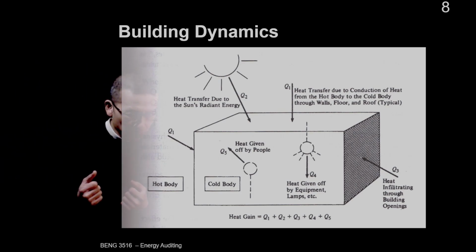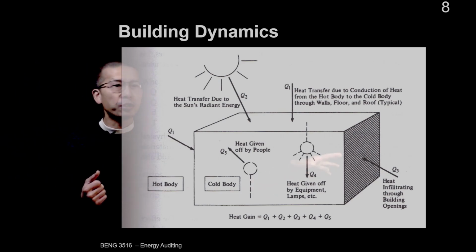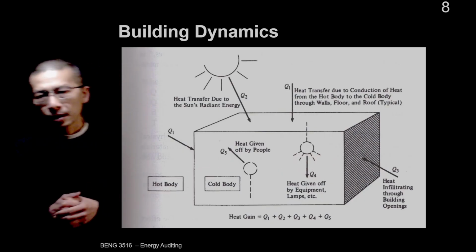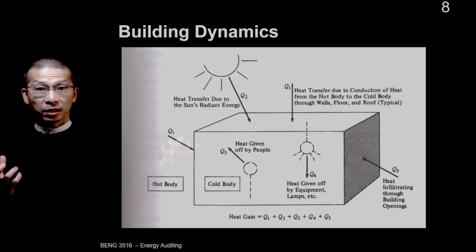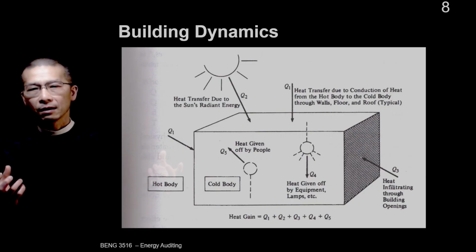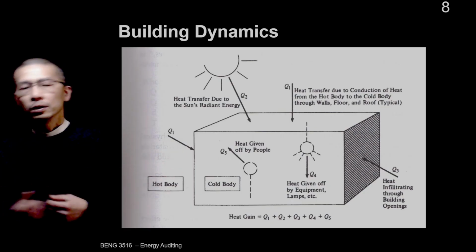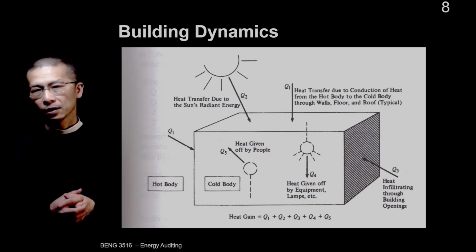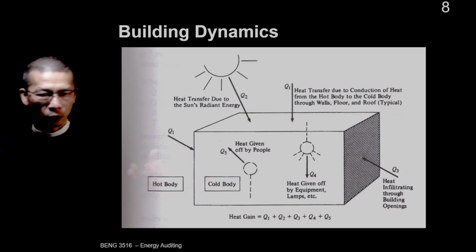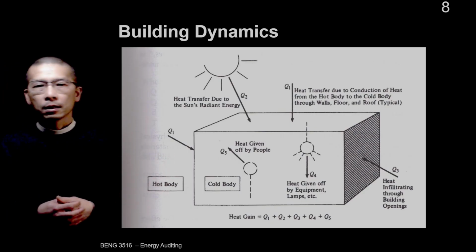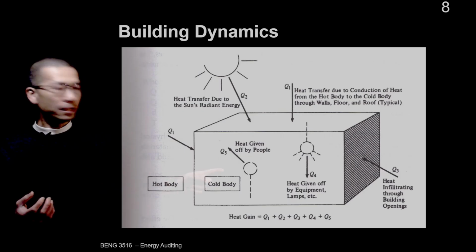And what else do we have? Number 3 there, infiltration, right? This represents the hot, humid air, because it's summertime, leaking into the conditioned space through cracks and doors or even windows if we keep them open. Also, internal heat gains.